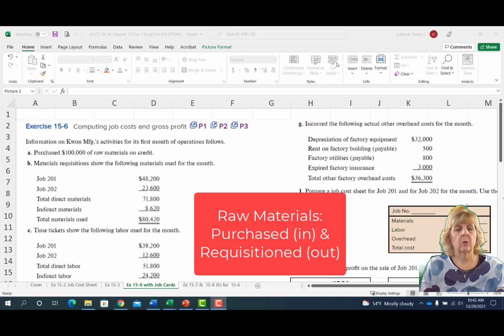If instead of going to jobs, they're going to the factory in general, they will be considered an indirect material cost and will charge the cost to overhead. So for letter B, I want you to use the appropriate T accounts and also update the job cost sheets.